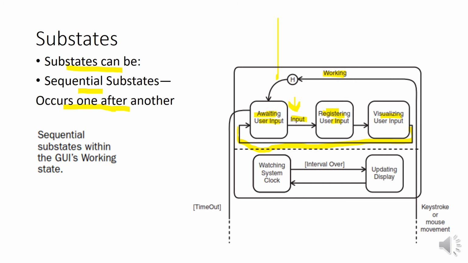These are the sequential substates which occur one after another. If a state has some substates inside it, the state will be called a composite state. If a state can have substates inside it, the state is called a composite state.